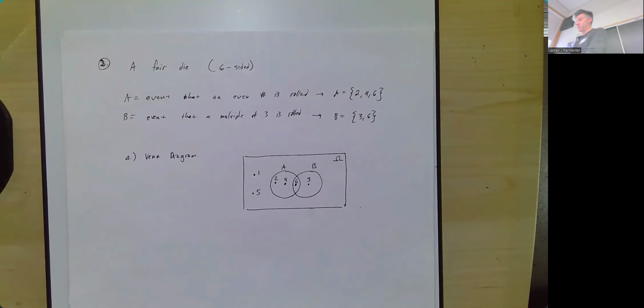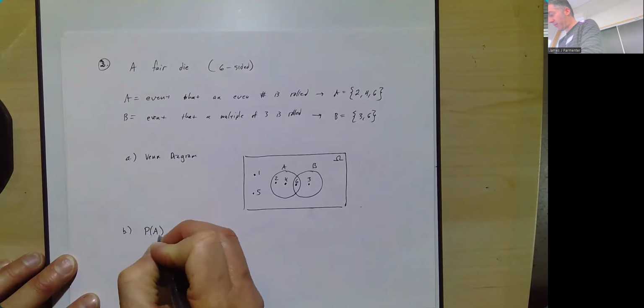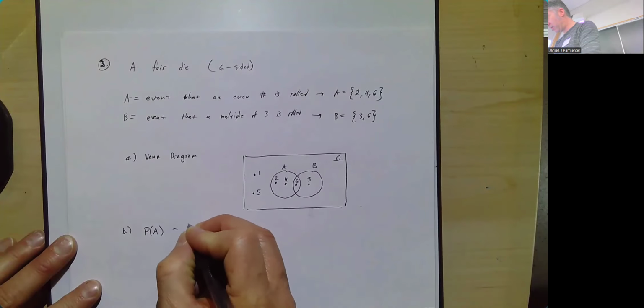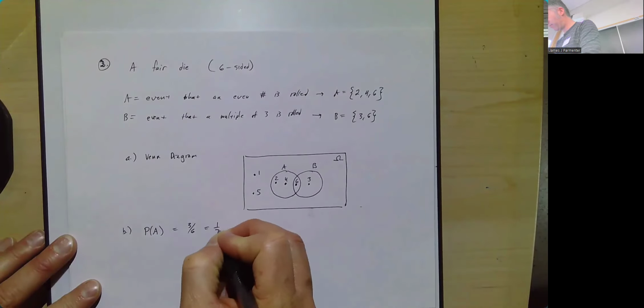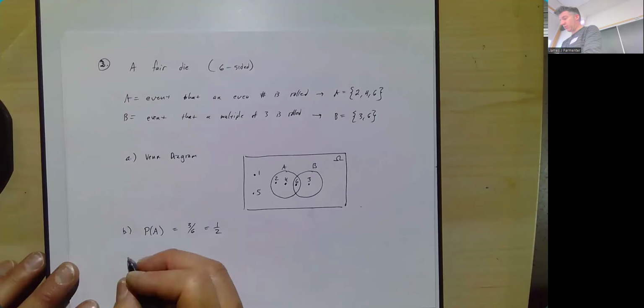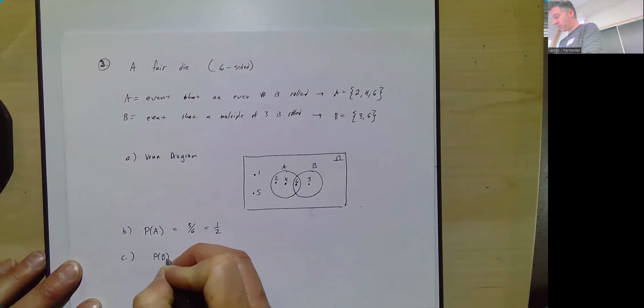So let's ask some questions here. What's the probability of event A happening? Well, it's not a mystery, I don't think. There are 3 ways to get event A to happen out of 6 total things that can happen. The probability is going to be exactly 3 out of 6, which is 1/2. Similarly, what's the probability of B?